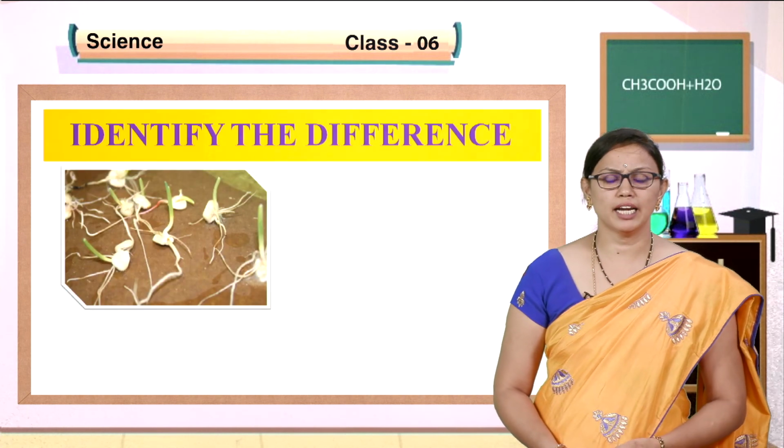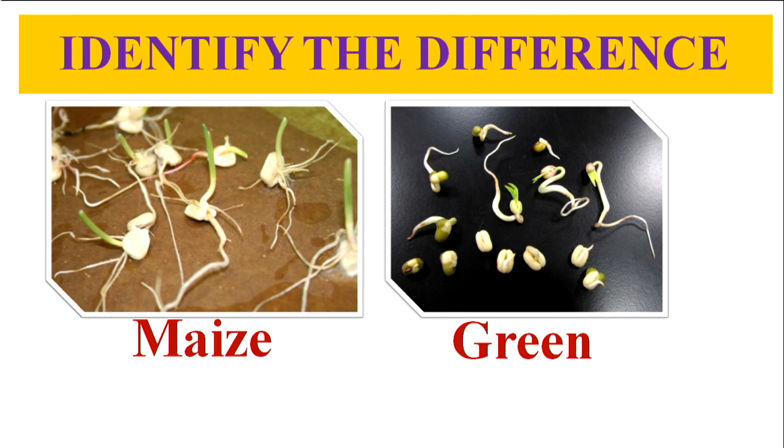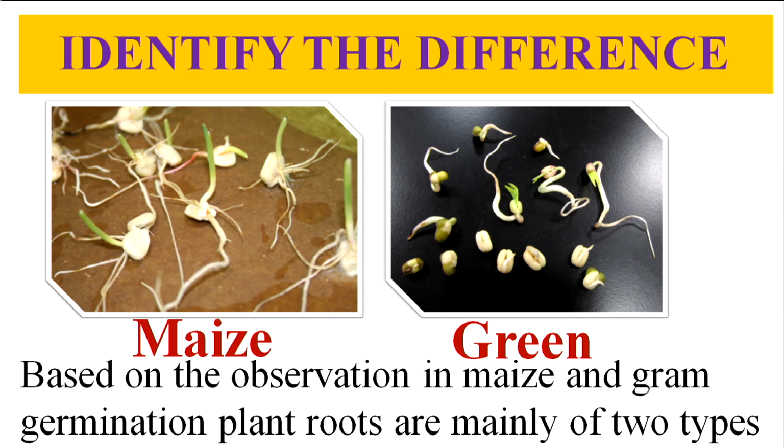Children, identify the difference. By seeing this picture, you can recall the first chapter, the germination of seeds. Do you remember, children? Yes, this is the first picture, a maize, and the second is a green gram. So you can see the germinations. Based on the observation in the maize and the gram germination, the plant's roots are mainly of two types.